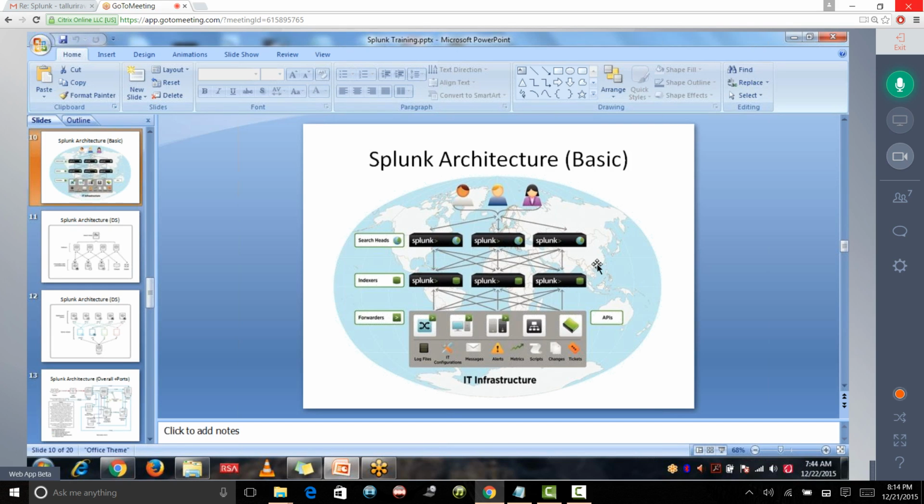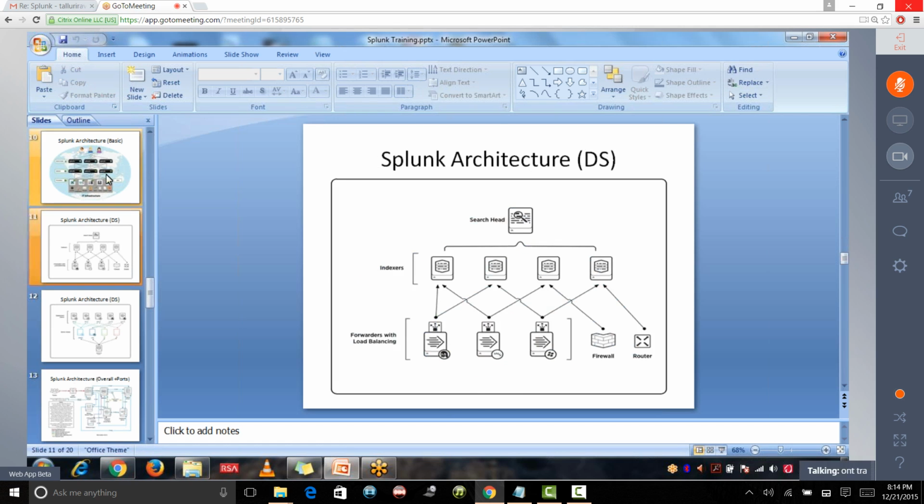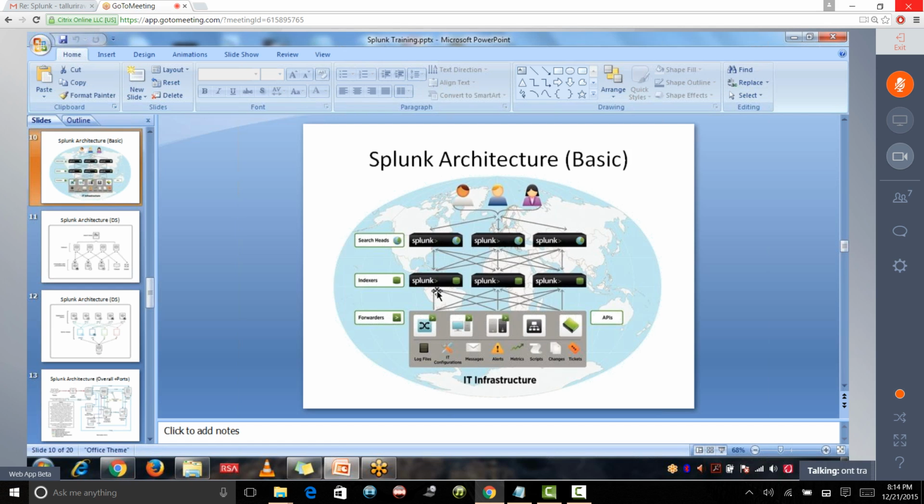In big data, since the data is huge, we always rely on multiple systems and we replicate the data. Here we have three indexers and the data is replicated to three indexers.